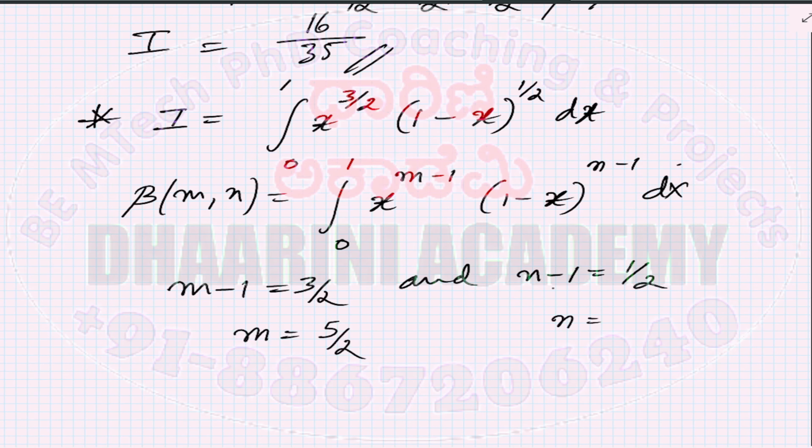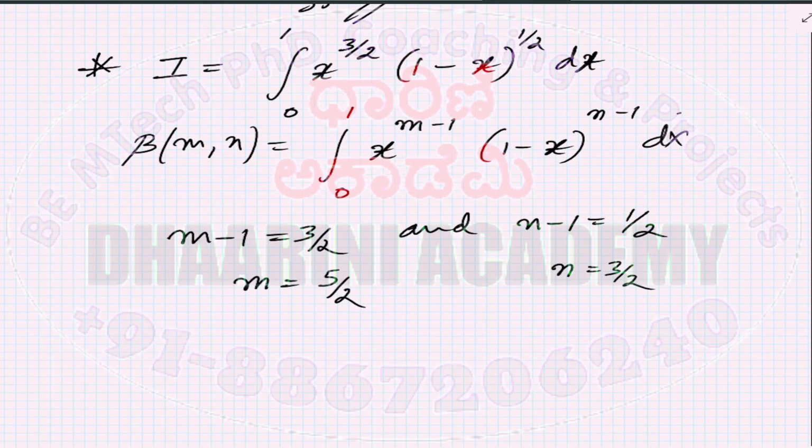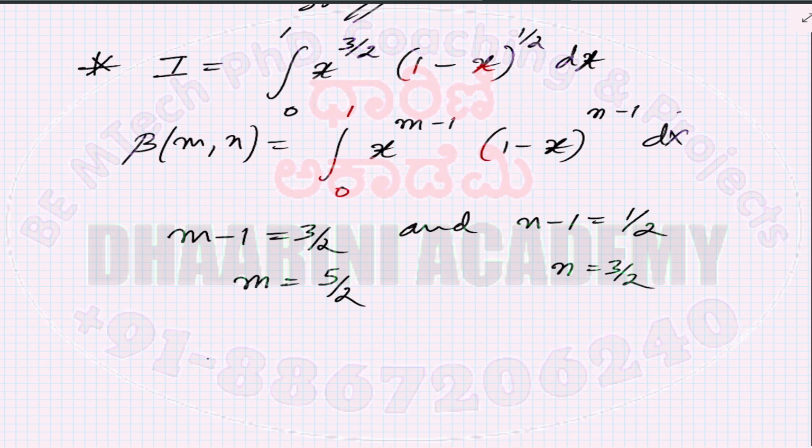Similarly, I come to know that n is equal to half plus 1, so that is 3 by 2. So once I understand this, the given question I is nothing but a simple beta function, beta of m comma n, that is 5 by 2 comma 3 by 2. No need to solve the integration, simply get the answer of the beta function.